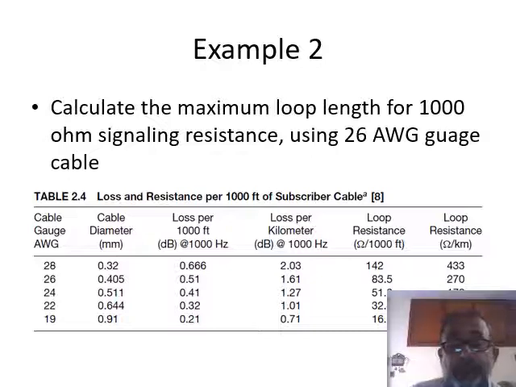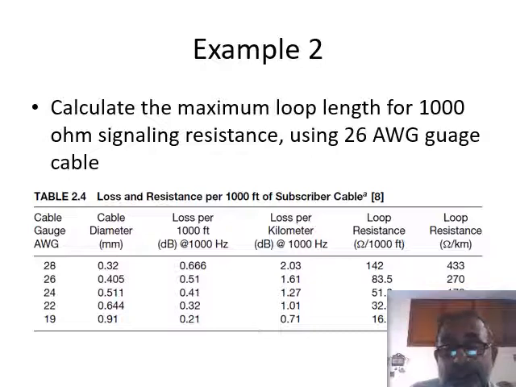In this table, you can see that we have got cable gauge given in American wire gauge. It goes from 28 to 26, 24, 22, 21. As we go down this gauge number, the diameter increases from 0.32 millimeter to 0.405 to 0.511 to 0.644 to 0.91.